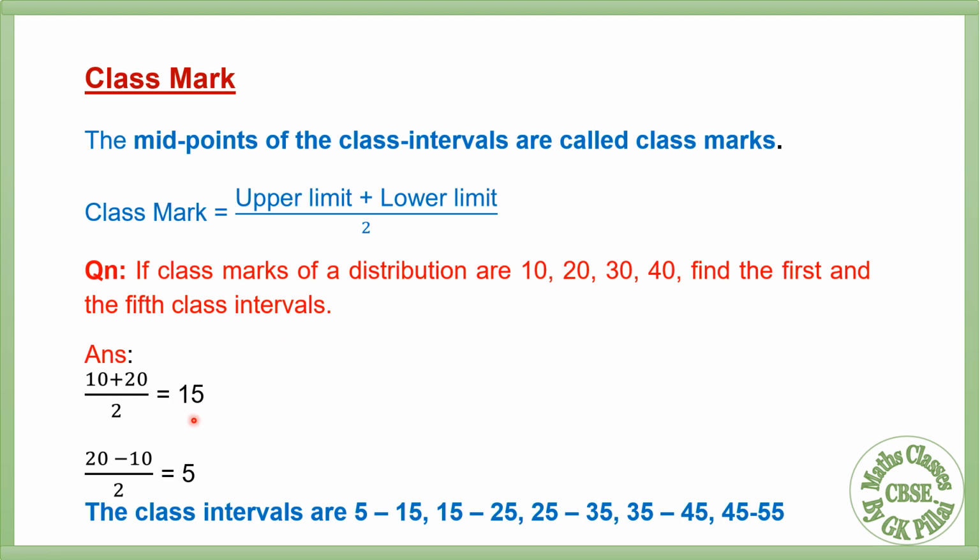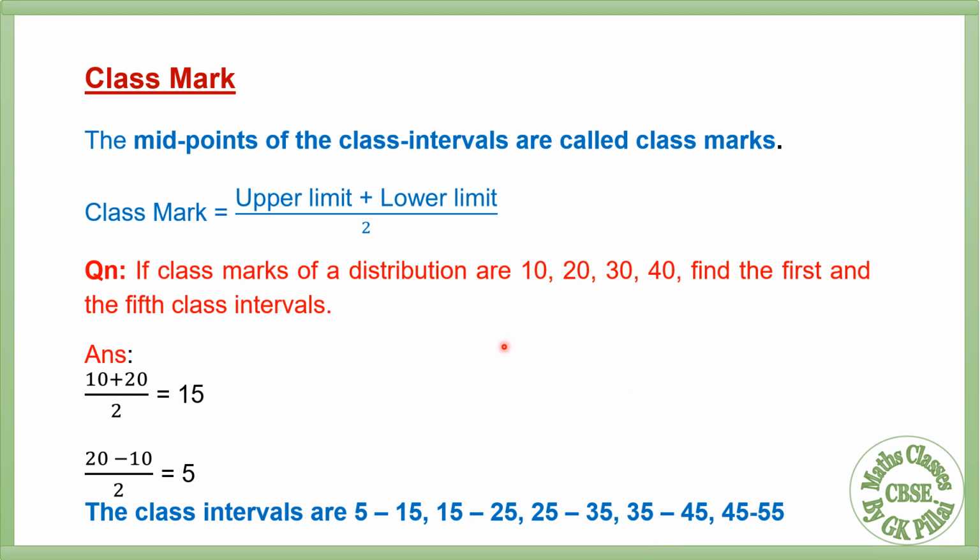Let me tell you how to find it. 10 plus 20 upon 2 will be 15 and 20 minus 10 upon 2 will be 5. So the first class interval will be 5 to 15, then it will be 15 to 25, 25 to 35, 35 to 45 and so on.